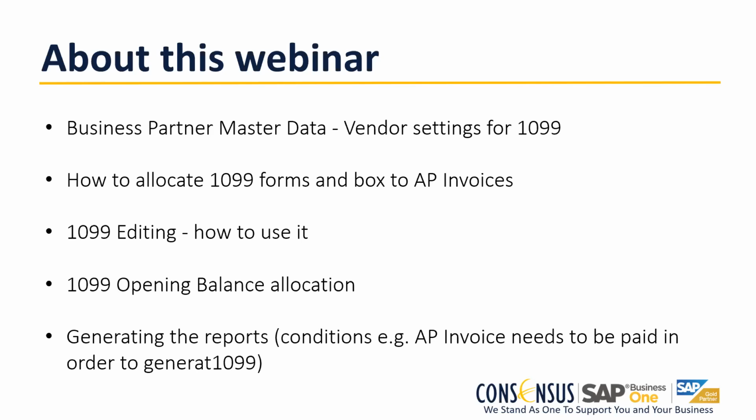Mainly, we're going to go over how you set up a vendor in SAP for 1099, and how to allocate the specific 1099 forms, which category they belong to, so it automatically brings in the information to all of the AP invoices that anybody creates in SAP for that specific vendor. There is also a functionality in SAP called 1099 editing, and we're going to go over how to use it.